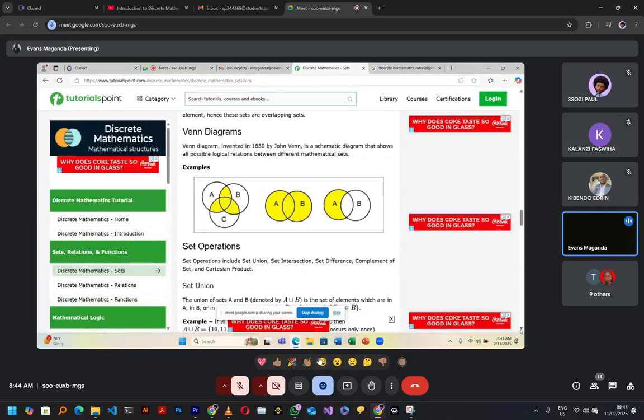So what I'm trying to say is that if, for example, you have been told to go and analyze students in the Faculty of Science and Technology, your universe is students of the Faculty of Science and Technology. What represents those students, the universe? What type of shape? Yes, the rectangle.